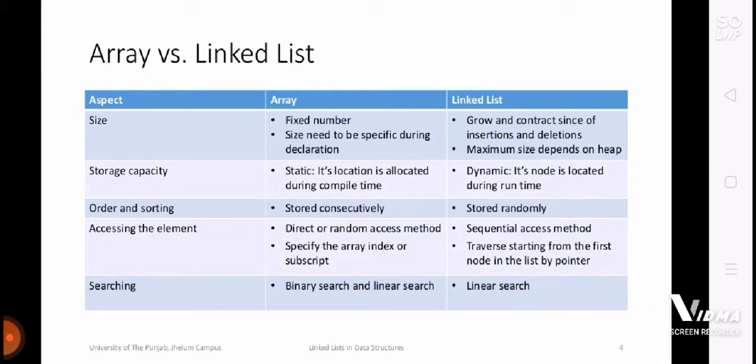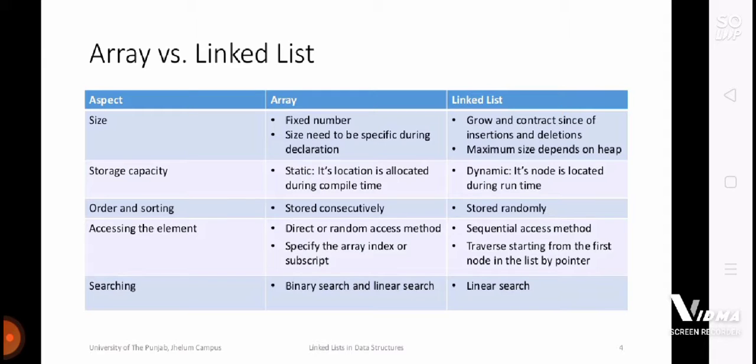Okay, here we compare lists with arrays on different aspects: the aspect of size, storage capacity, ordering and sorting. These are some factors which we discuss for both array and linked list. First is size.